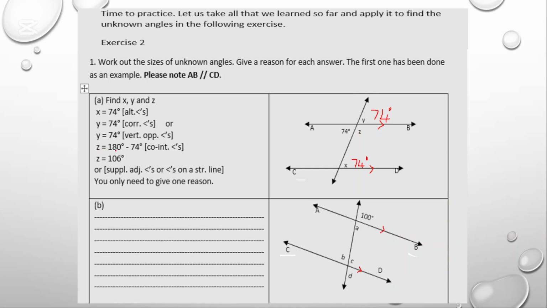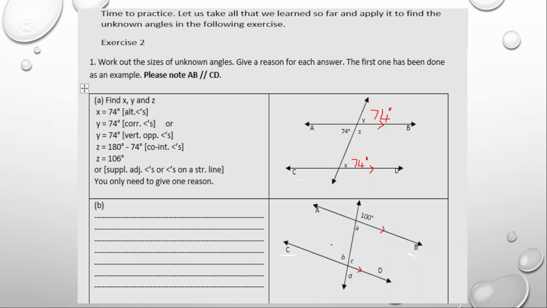Z is equal to 180 minus 74 degrees. Reason, co-interior angles. Subtract 74 from 180 and Z is equal to 106 degrees. So you can use one of the two reasons, co-interior or supplementary adjacent.